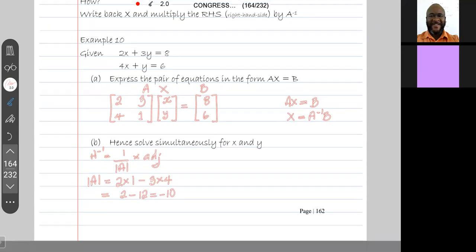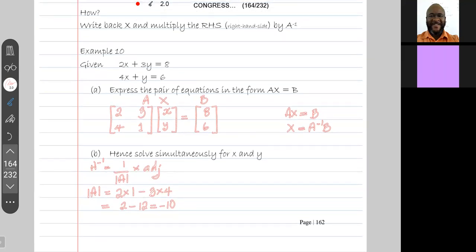And so A inverse is equal to 1 over minus 10, that's 1 over the determinant, times adjoint A. Now to get adjoint A, this is what I'm going to do.